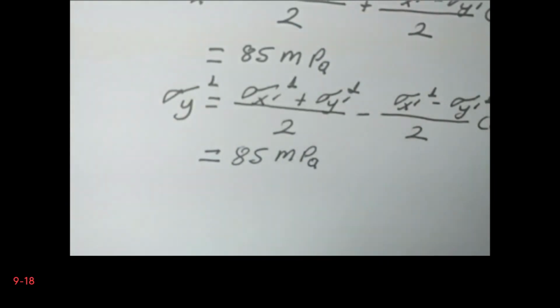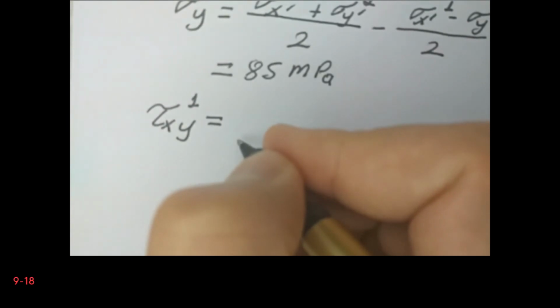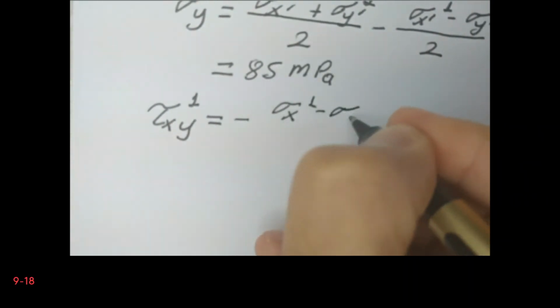Let's write the shear stress. Tau xy1 is equal to minus sigma x1 minus sigma y1 divided by 2 sine 2 theta 1, plus tau x prime y prime 1 multiplied by cosine 2 theta 1.